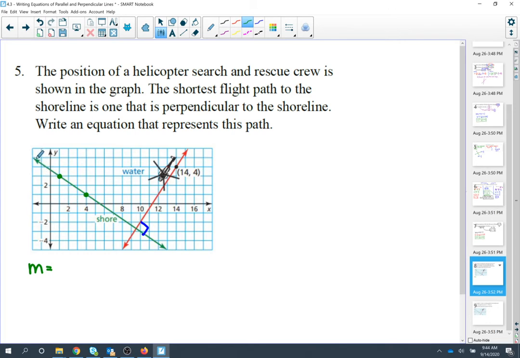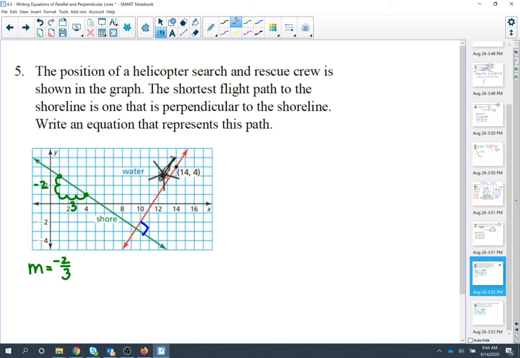If I take a look at it from the left to the right, it's falling, which is negative. So I know my rise over run better be negative. So I'm going to drop 1, 2, and then I'm going to run 1, 2, 3. So I know the slope of my shoreline is negative 2/3.